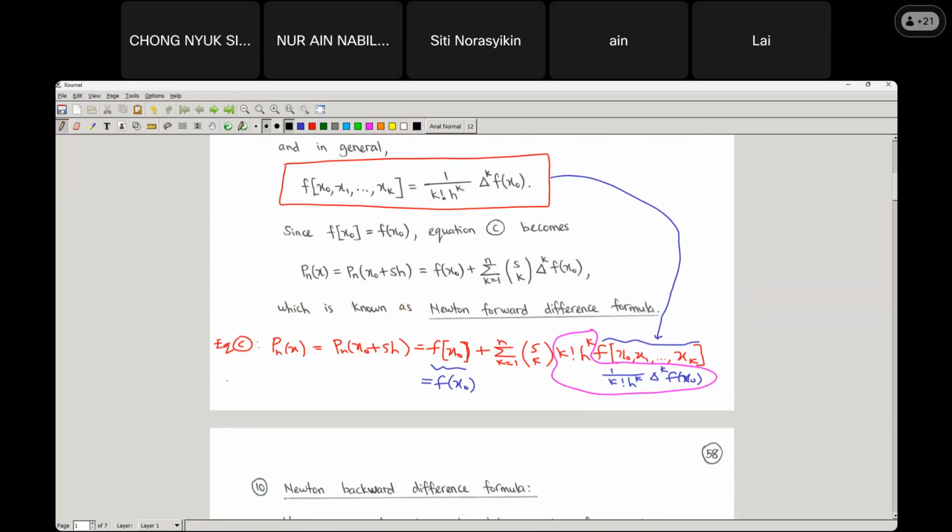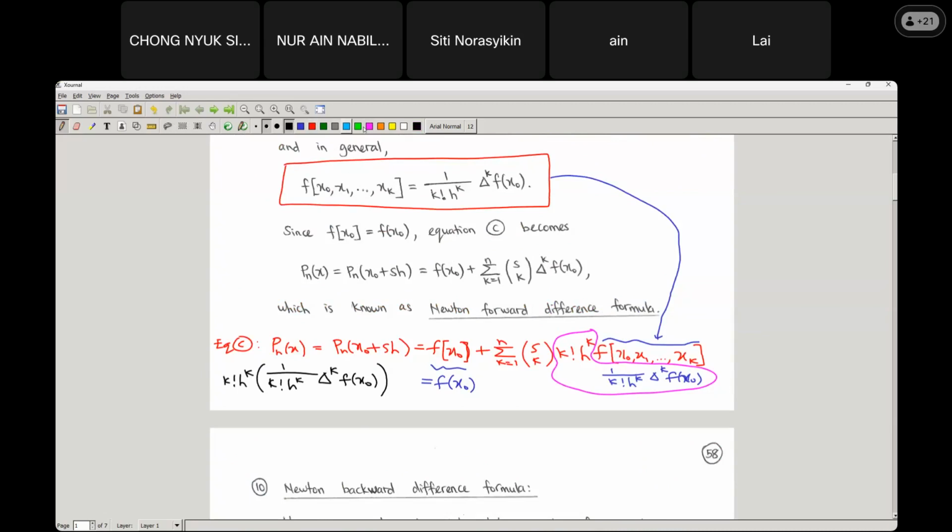So we have k factorial times h to the power of k times 1 over k factorial h to the power of k triangle to the power of k f(x0).